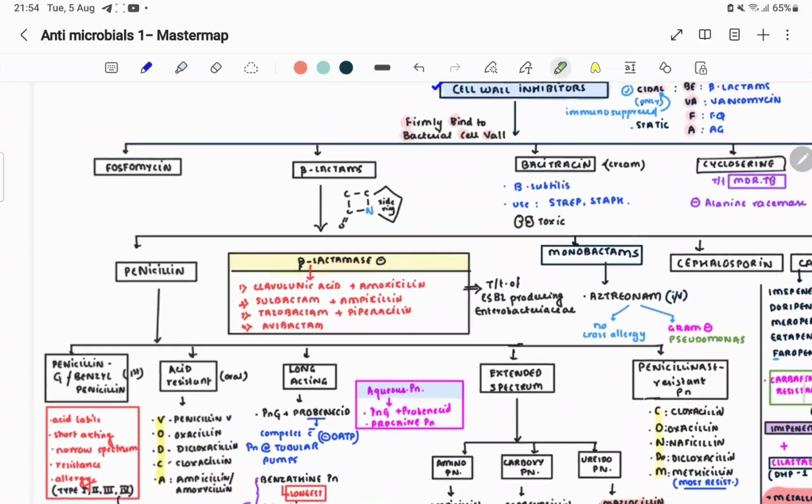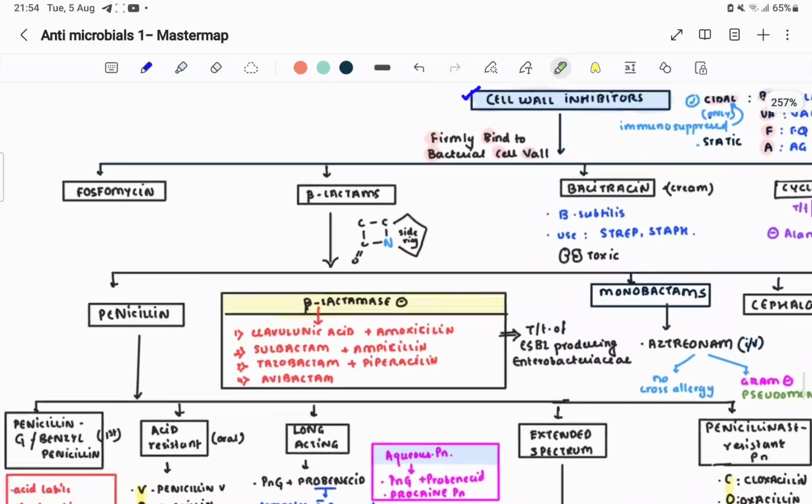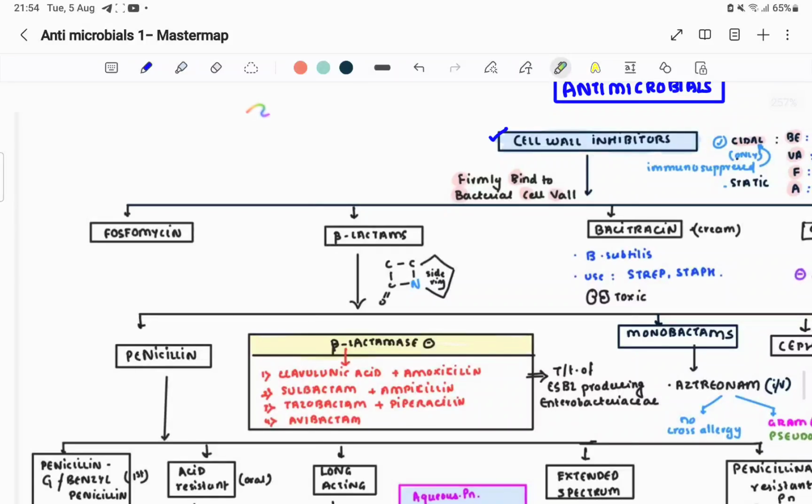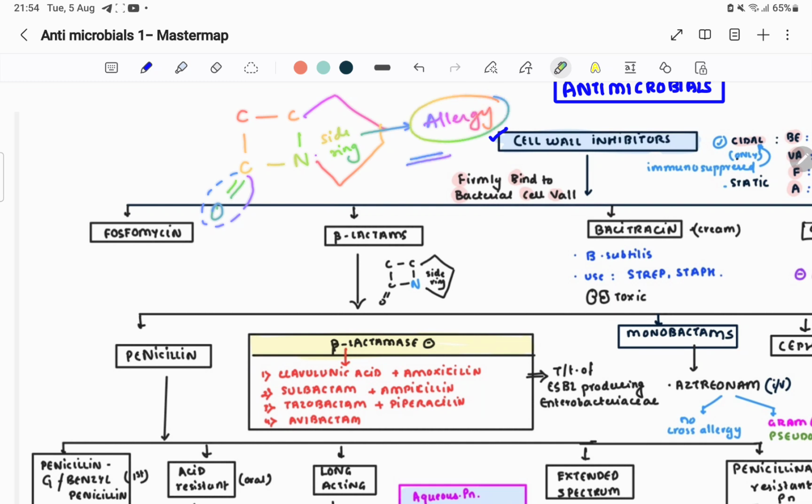So let's start. Beta lactams. Always when you say beta lactams, we have a structure like this: three carbon atoms, then nitrogen is there, and this group is there. And here a side ring is always there, and the side ring is the cause of allergy. Whenever you have drug allergies as far as beta lactams are concerned, the allergy is due to the side ring only.